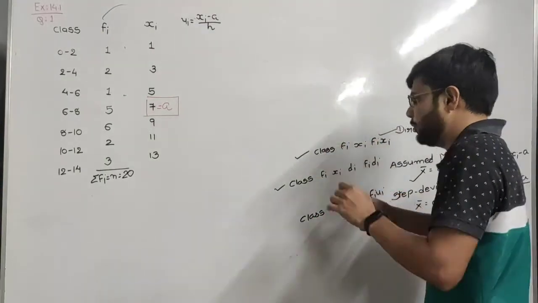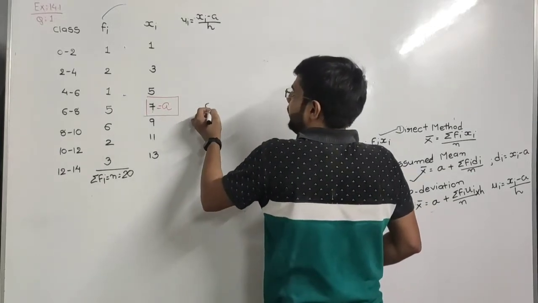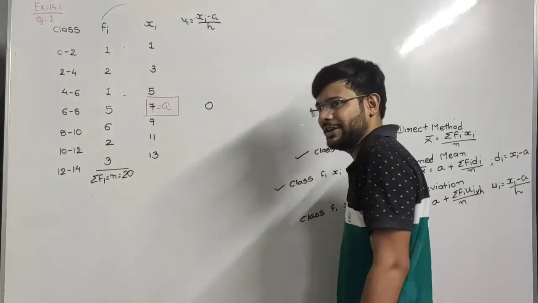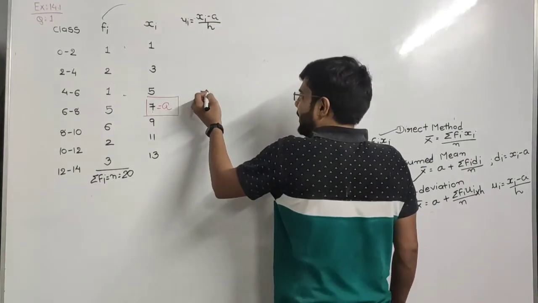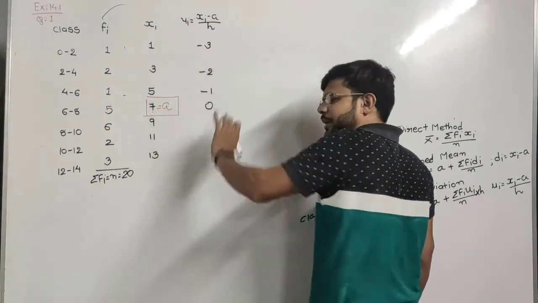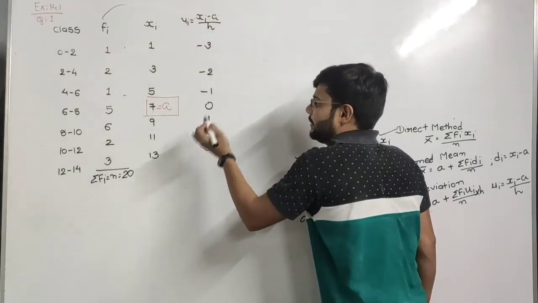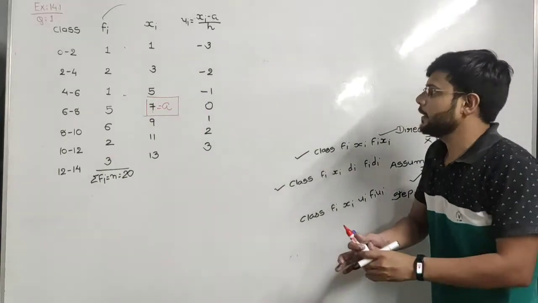Now what you have to do, opposite to 7 in the ui column you have to write 0. Now on this side you have to write -1, -2 and -3, okay? And on this side 1, 2 and 3, that is so easy, right?